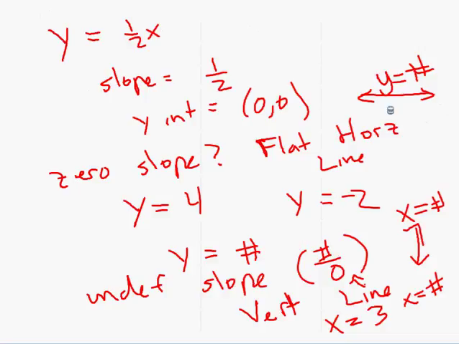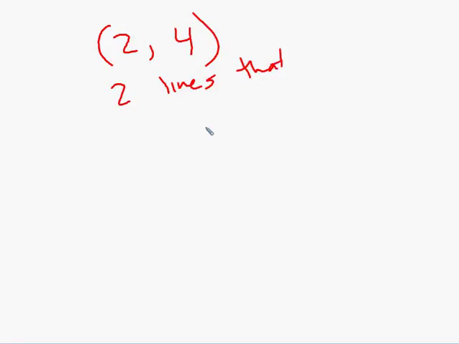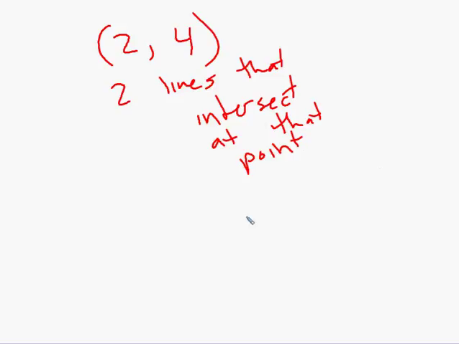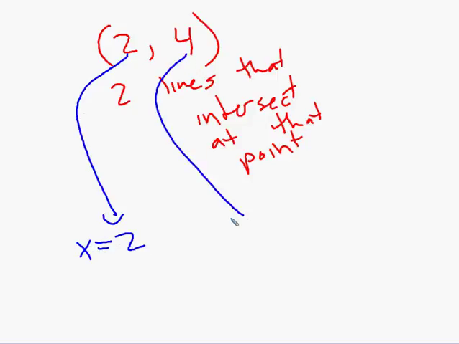Okay, so let's say I have the point (2, 4), and I want to graph 2 lines that intersect at that point. There's an infinite number of answers, but the easiest to get would be x equals 2 and y equals 4, and graph those 2 lines.